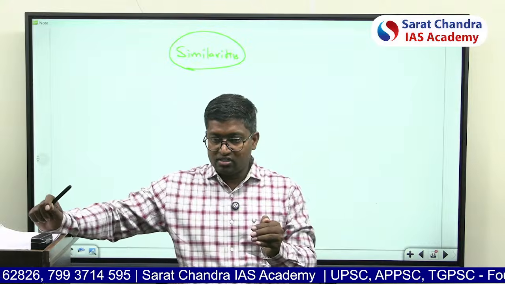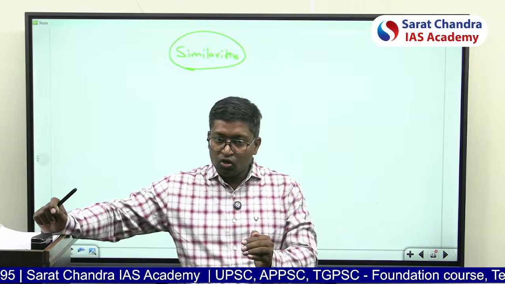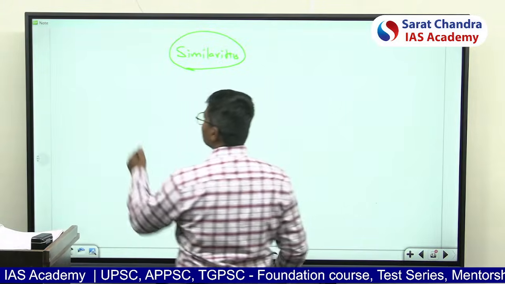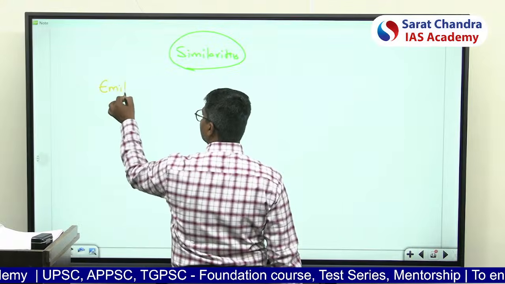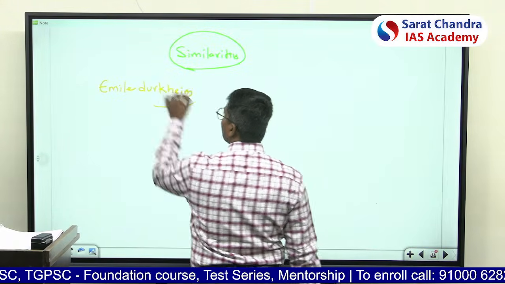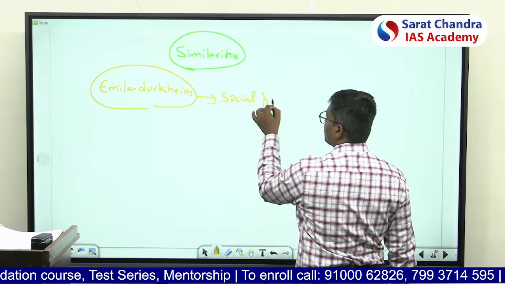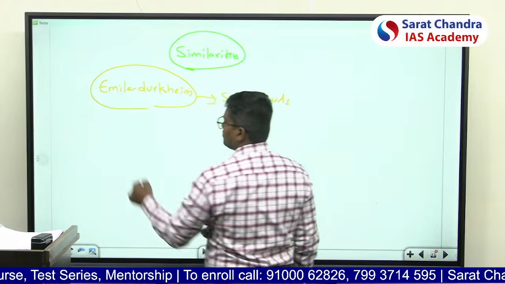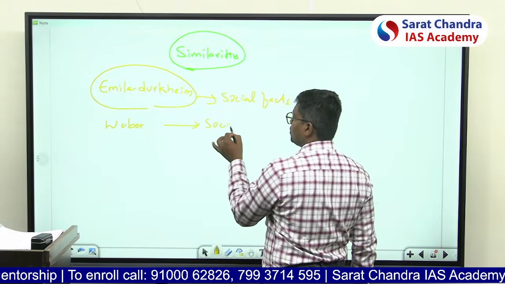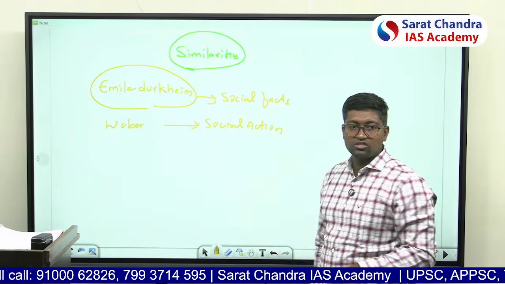Anthropological scholars, like Malinowski, borrowed research methods from thinkers like Emile Durkheim. Durkheim gave a theory on social facts and Weber gave a theory on social action, and these were borrowed.